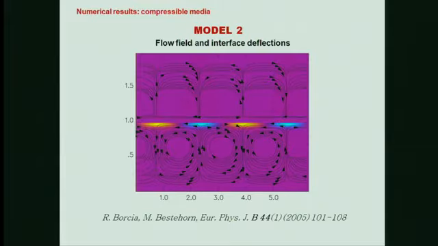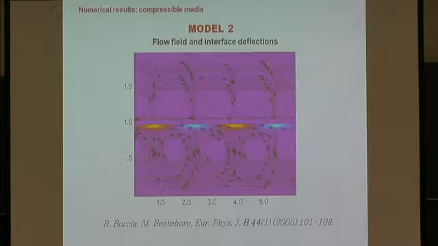We represented here the velocity fields in the liquid. Here is the liquid and here is the vapor phase. And we can also observe the interface deflections. So here is the interface and there appears small variation of the density, pushing from both sides.